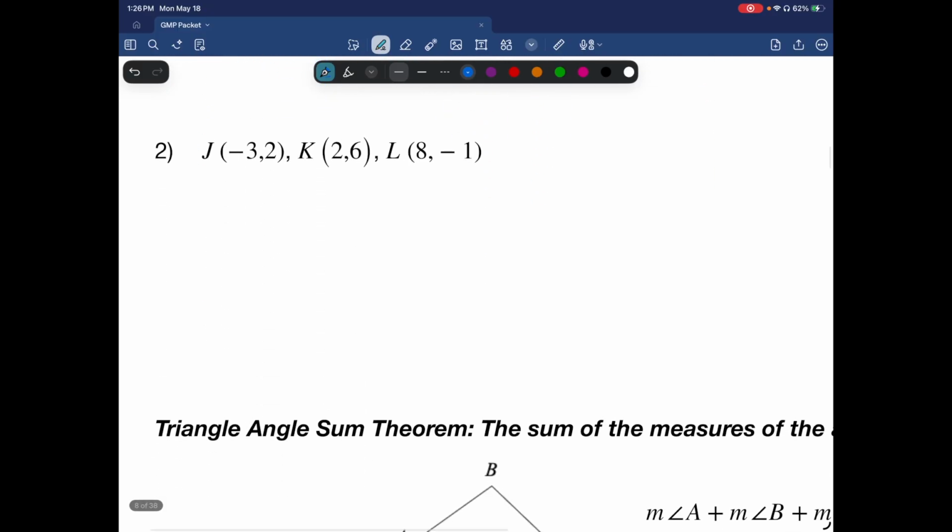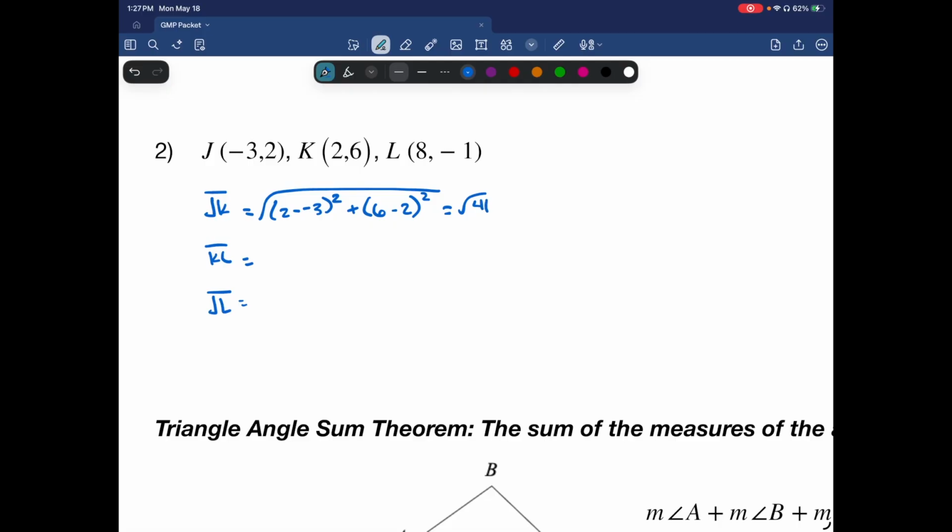All right, number 2. Again, we're looking for JK, KL, and JL. So we have 2 minus -3 squared plus 6 minus 2 squared. If we use our calculator, we get the square root of 41.